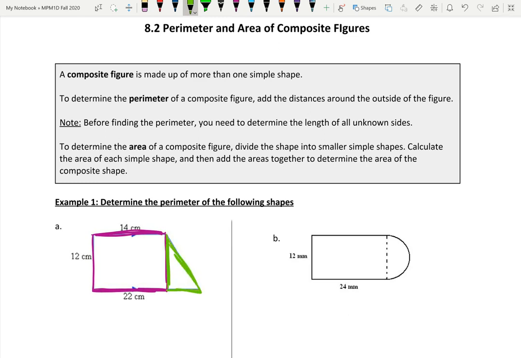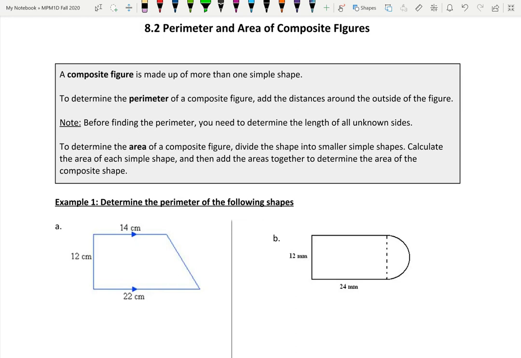Okay, so composite figures are simple shapes that are combined together to create a composite figure. So in order to find the area or the perimeter of composite figures, you have to divide the composite figure back into its simple shapes.